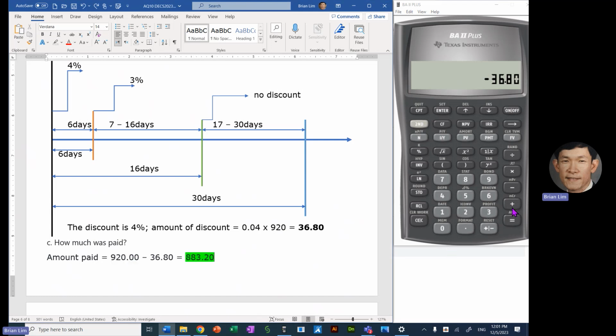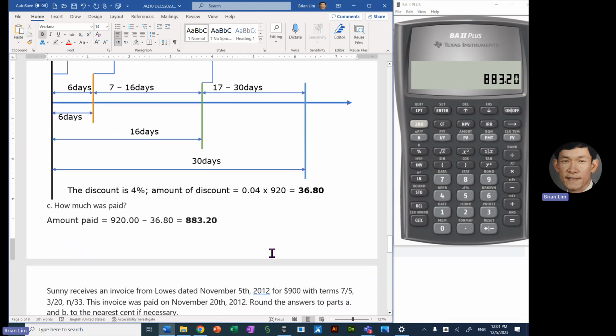So we add to 920, and that should give us the proper result. In this case, the amount paid was $883.20. We got rid of the color, and we are finished with that question.